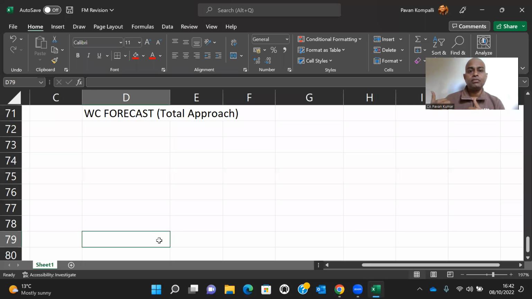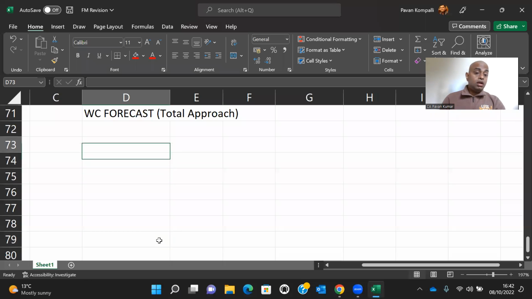Fifth question, they have given the effect of double shift. If the factory is working on two shifts, how the working capital is to be calculated. That is the last question. But before that, we are completing the chapter. If you understand how working capital is to be forecasted based on total approach and cash cost approach, you are done with the topic.